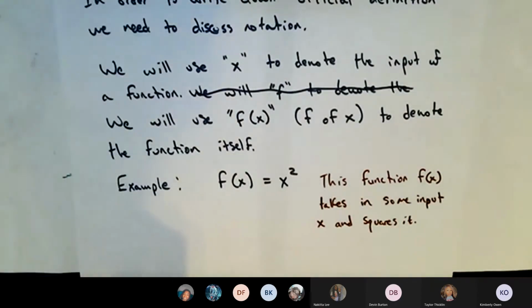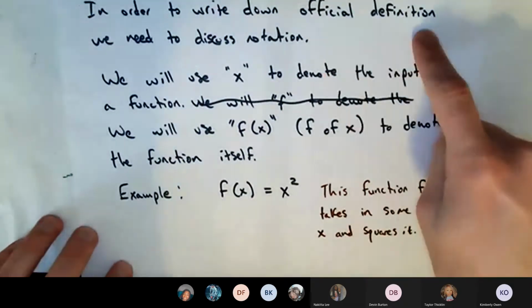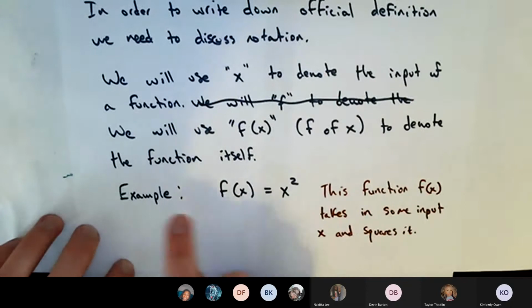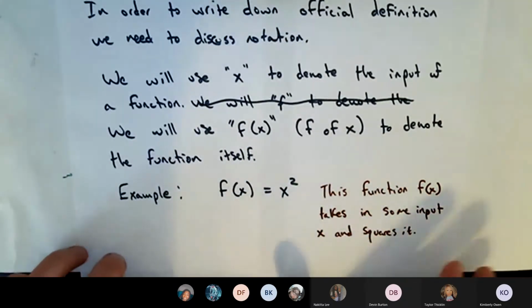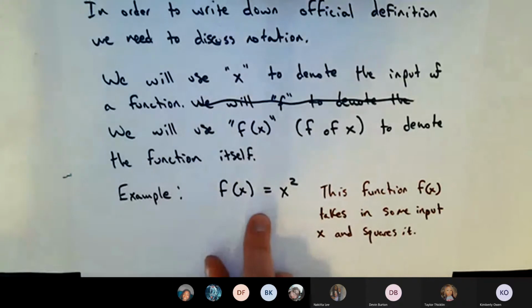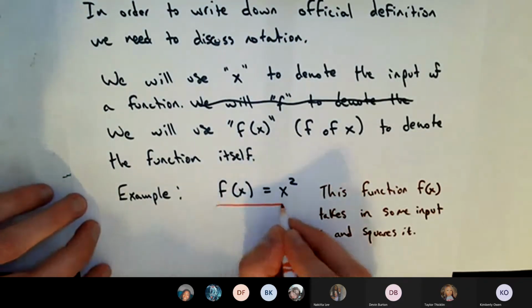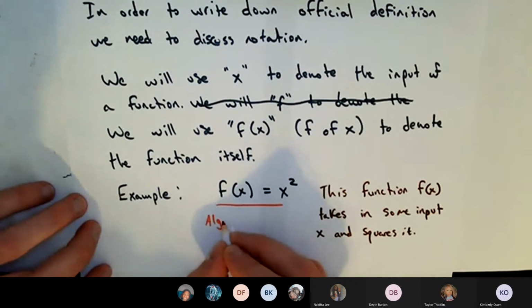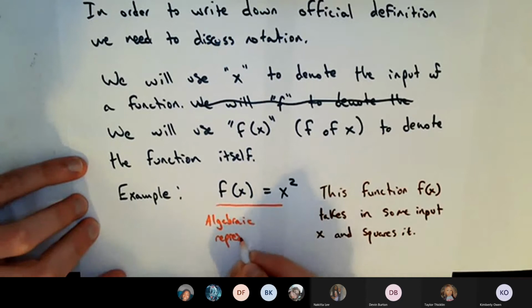Now, earlier I said that we're going to talk about different representations of functions, and this is going a little out of order because I'm only introducing this notation so I can write down the official definition of a function. But since I've given you a quick example of what a function can look like, this is called the algebraic representation.